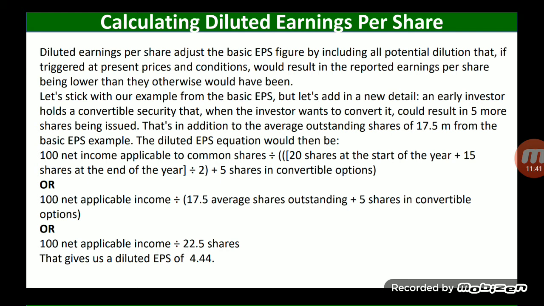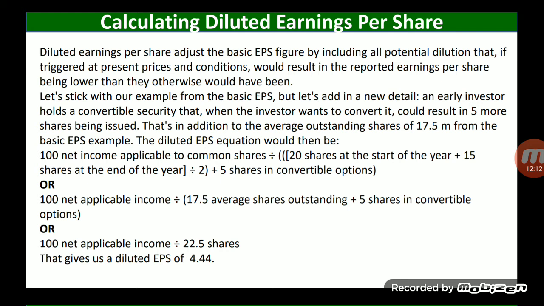Now 5 shares in convertible options we have added here. So 100 net applicable income divided by 17.5 average shares outstanding plus 5 shares in convertible options. If we add 5 more shares to 17.5, we get 22.5 shares.